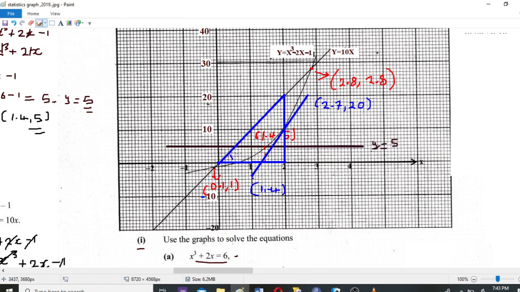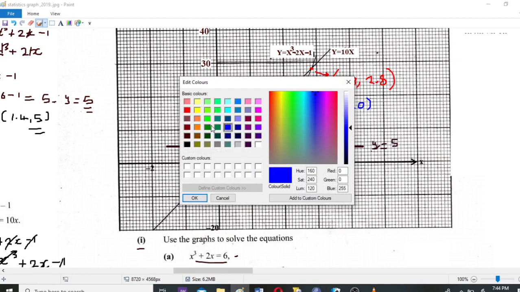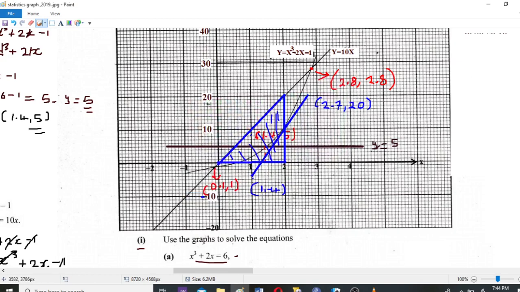This is a triangle, so we need to calculate the area of this region. This should be easy. You need to know your base. The base is the distance from 0 up to 2.